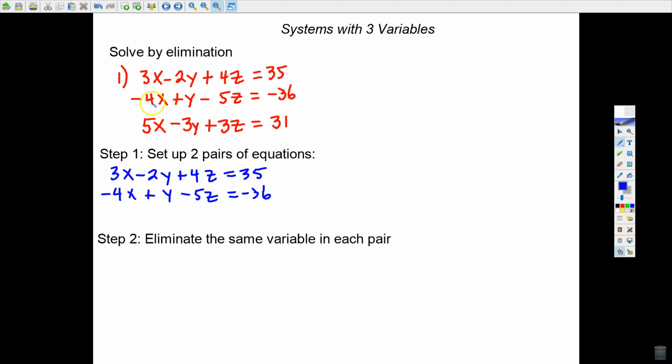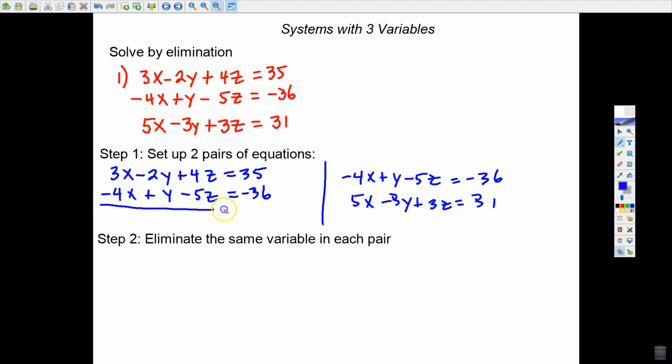And then I'm going to combine the second and the third equations. Negative 4x plus y minus 5z is negative 36, and 5x minus 3y plus 3z is 31.